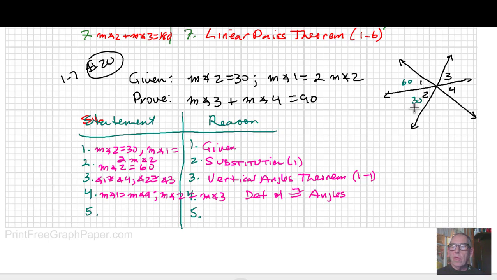So we've got everything we need now. Now if we show that 1 and 2 together make 90 degrees, we're going to substitute in from step 4 into that, and we'll have that the measure of 3 and 4 is also equal to 90 degrees. So measure angle 1 plus measure angle 2 equals 90. That's the angle addition postulate.